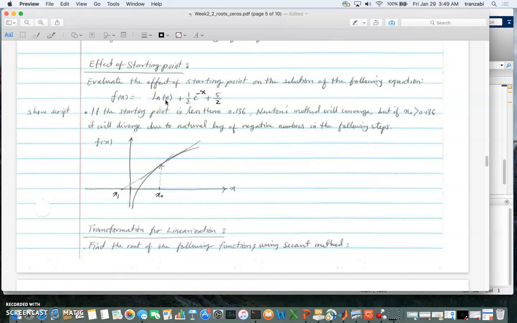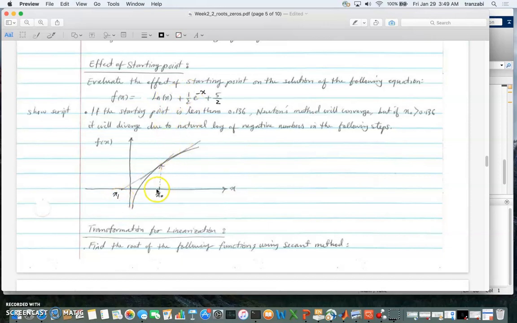So that is the problem with Newton's method, and the reason is our guess was too far from the solution. If this is the solution, you start the guess point here. In the next step, Newton's method is going to diverge, right? Because x is going to be negative, and log of a negative number does not exist.